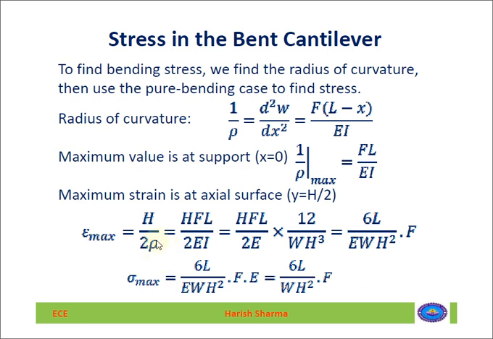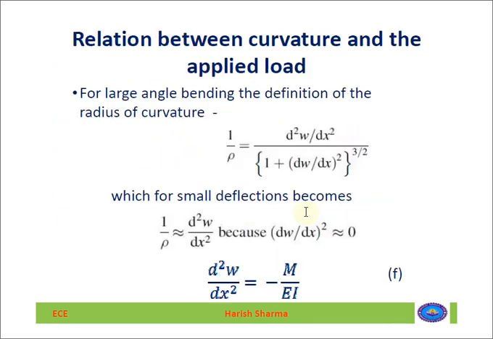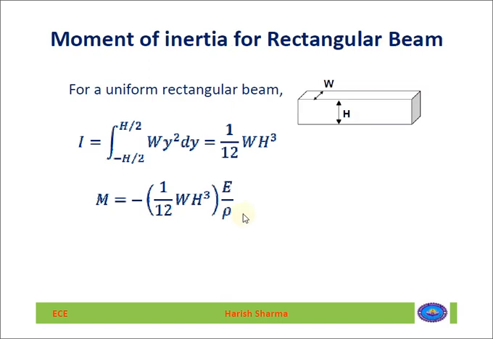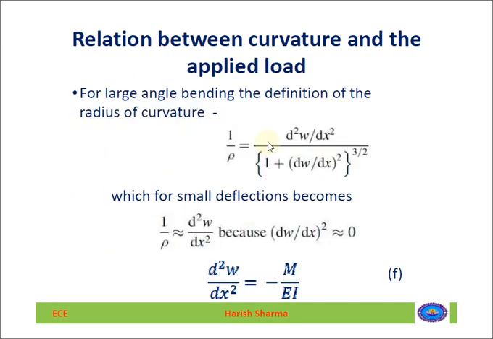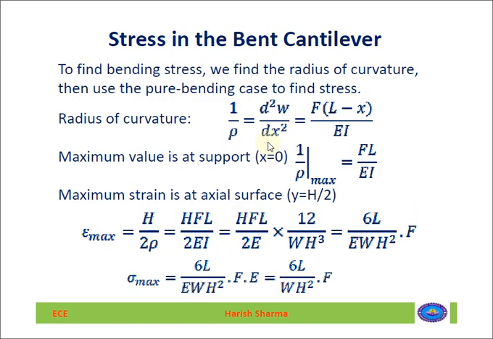So putting the value of 1 by rho, that is FL upon EI, we get h by 2 into FL upon EI. Then what is the value of I? I value is wh cube by 12, for a rectangular beam. We have got this from the earlier equations. So w cancels out, 6 remains, and h with h cube leaves h square.